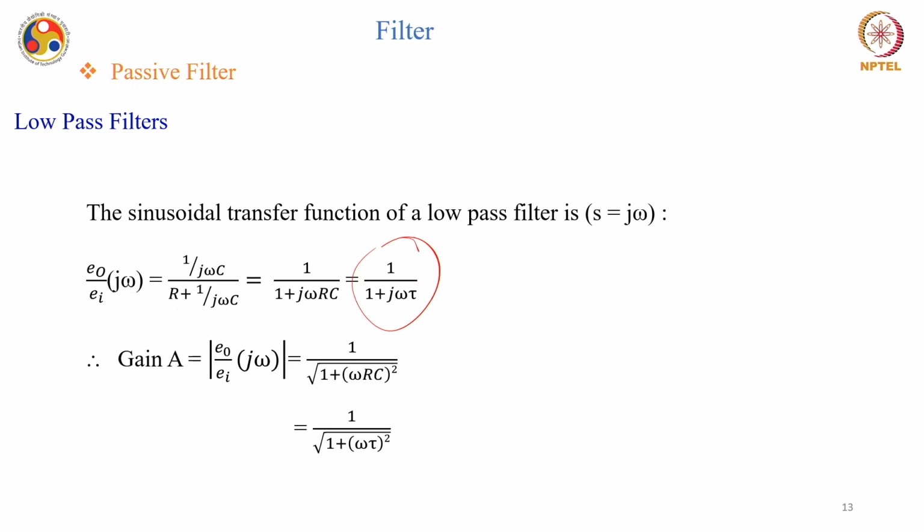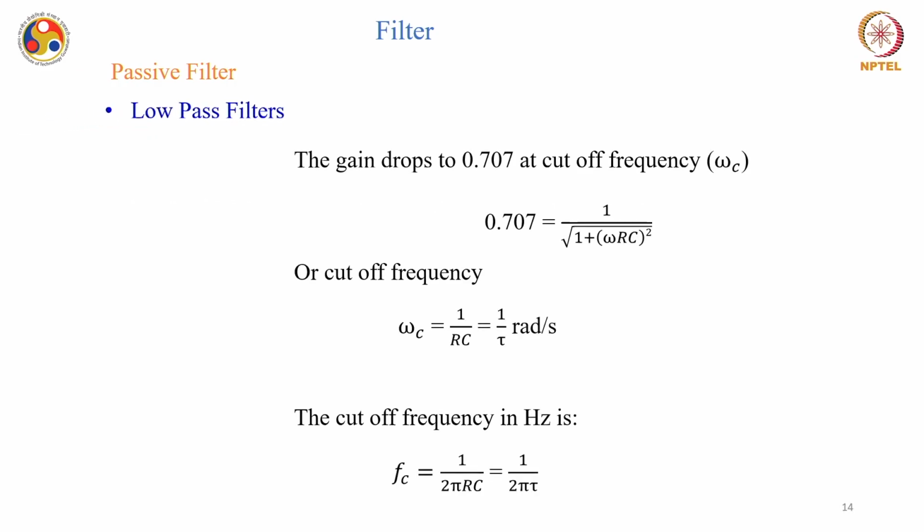So the gain, or the transfer function, can be given as the mod of E naught by EI of j omega, which is 1 by root of 1 plus omega RC squared, or 1 by under root 1 plus omega tau squared, okay. This is a typical gain of a low pass filter, okay.